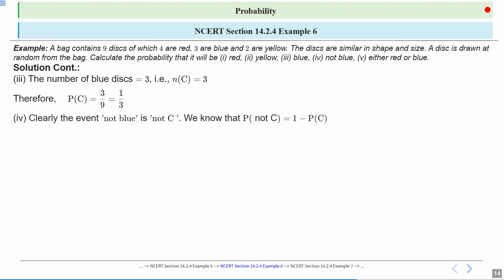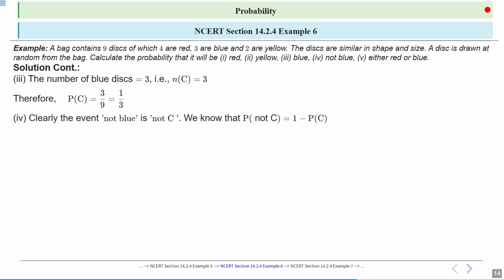And clearly the event not blue is basically the complement event of C, that means not C. We know this formula: the probability of not C is equal to 1 minus the probability of C. Now we will apply this formula to calculate the probability that it will be not blue.